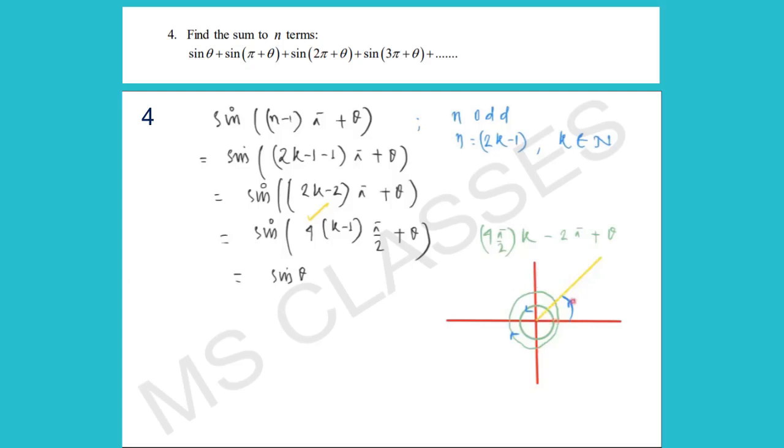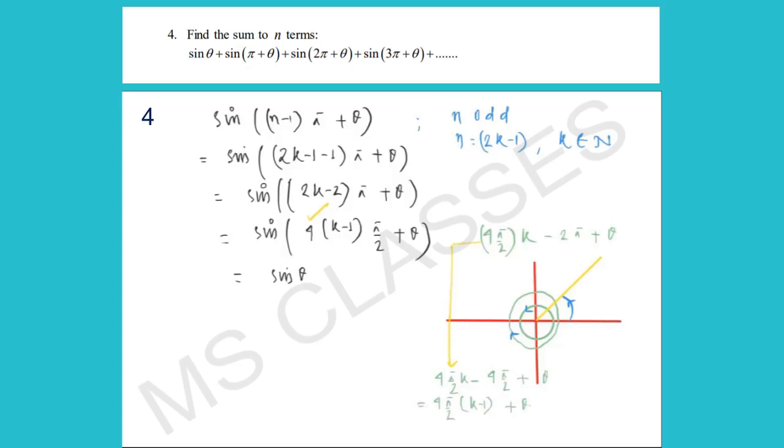Now another way also someone can think. How? Someone can think of this one as 4 pi by 2 into k minus 4 pi by 2 plus theta. So here we take 4 pi by 2 common, into k minus 1, plus theta.